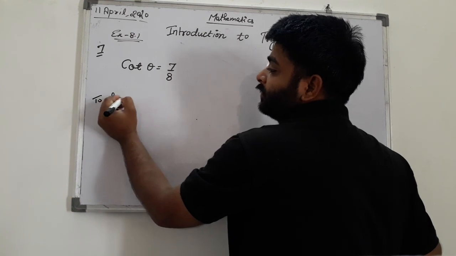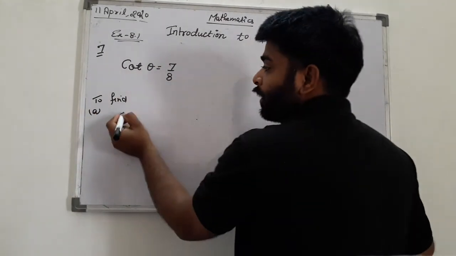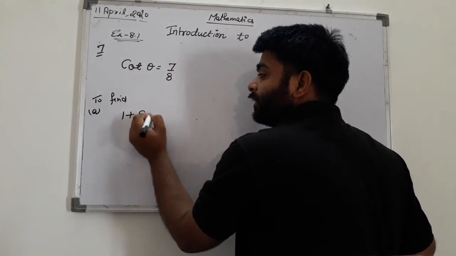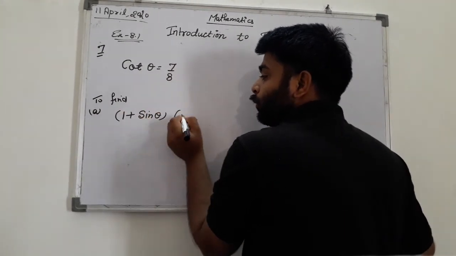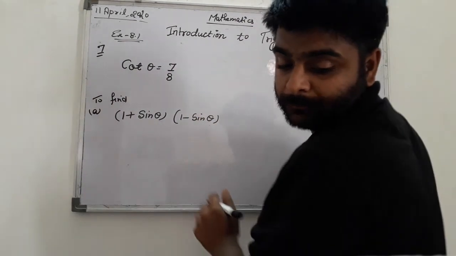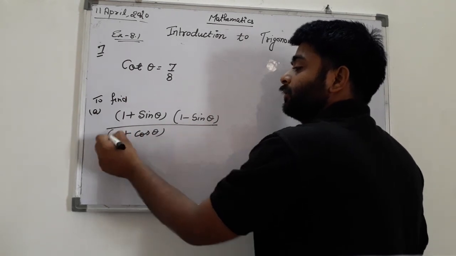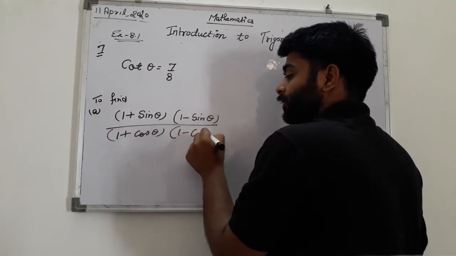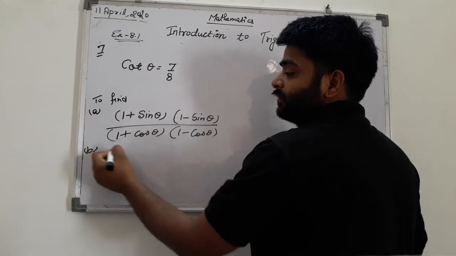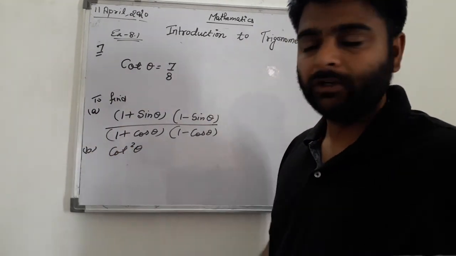To find part A: (1 plus sin theta)(1 minus sin theta) upon (1 plus cos theta)(1 minus cos theta), and the second part is cot square theta. Any doubt? Cot square theta we need to prove.